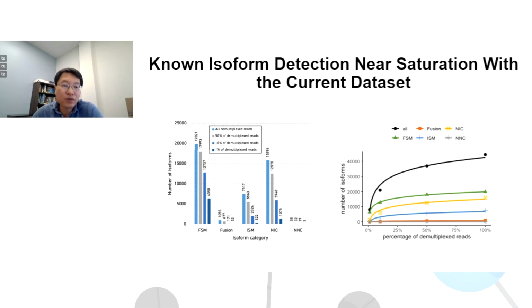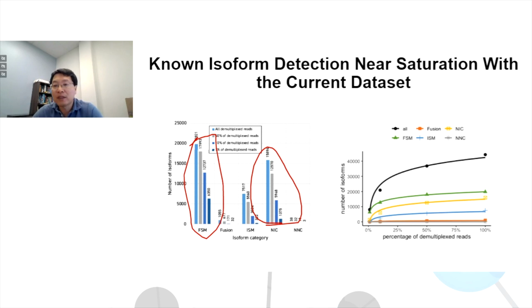And you can see in general, for all isoform type categories, known and novel, the more reads you get, the more isoforms you find. However, the rate of saturation is different. For the known isoforms, the increase from 50% to all is not that significant anymore, while for the novel ones, they still keep going up.